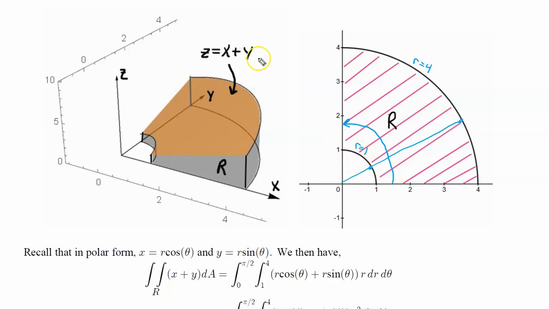Okay, so also notice that this equation up here, we're going to have to convert into polar coordinates. The x, of course, is r cosine theta, and the y is r sine theta. And so we can represent this in polar coordinates like this. Okay, now let's set up our double integral.